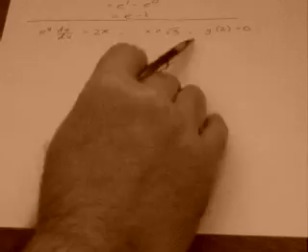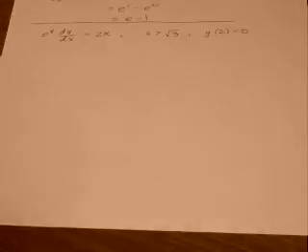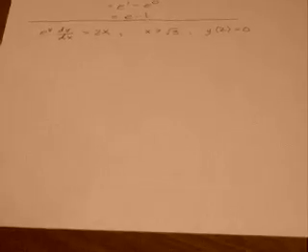Let's assume that x is greater than square root of 3, and also y of 2 is equal to 0. So this is an initial value problem. Y of 2 is 0, that's your initial value, and you're going to use that to solve for the constant of integration. Your objective is to find y, as usual. This is a differential equation because you have a derivative in this equation, first derivative.